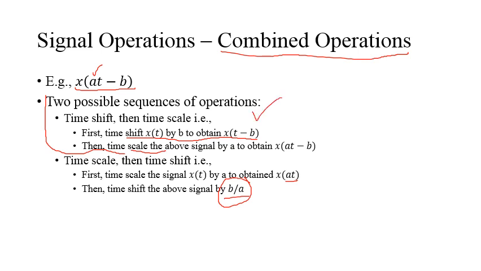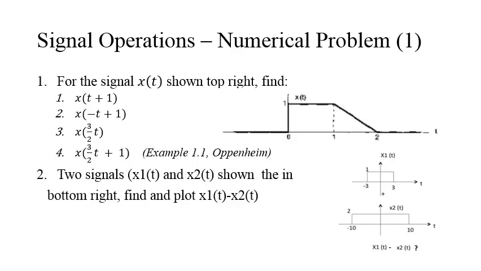You keep in mind that shifting has the precedence. So if we have more than one operation at a time, we will shift the signal first, and then we will perform the resulting operation, that is scaling.